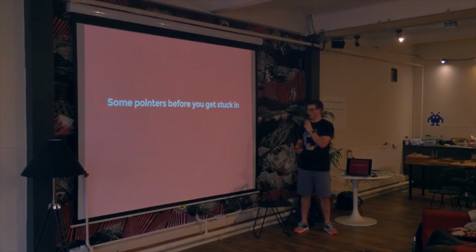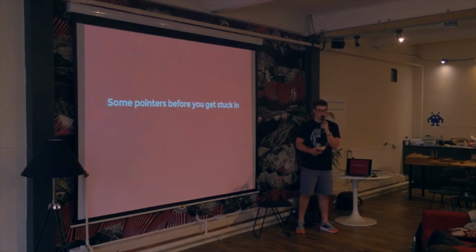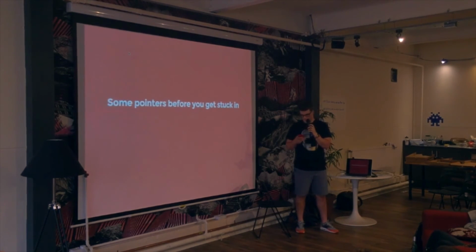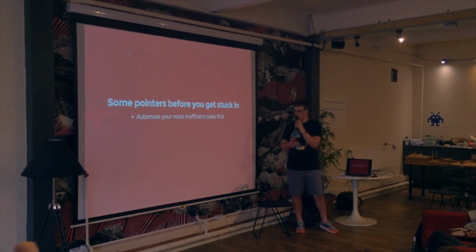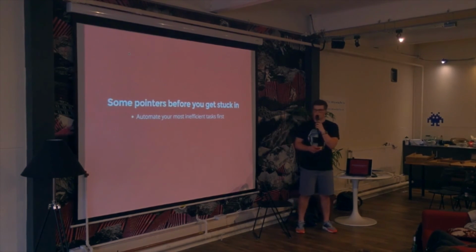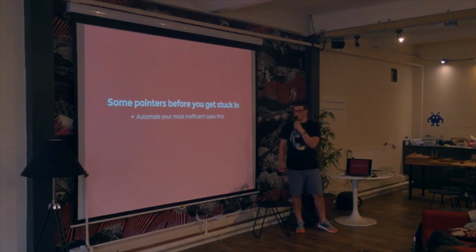A couple of things I would suggest, or some things I've learned whilst going through this process myself. First, tackle your most inefficient task first, essentially. That's the one that you waste the most time on doing, and that's the most important one that you should look at automating first.